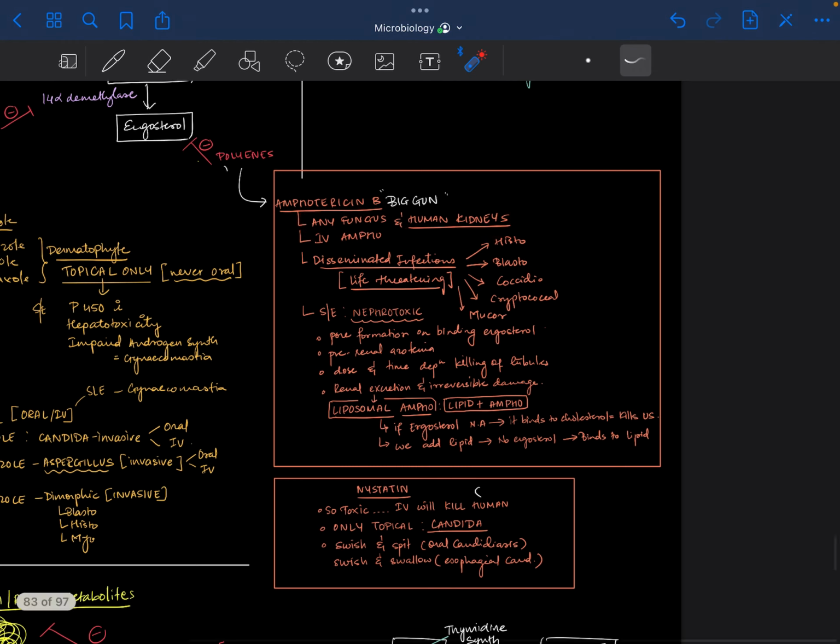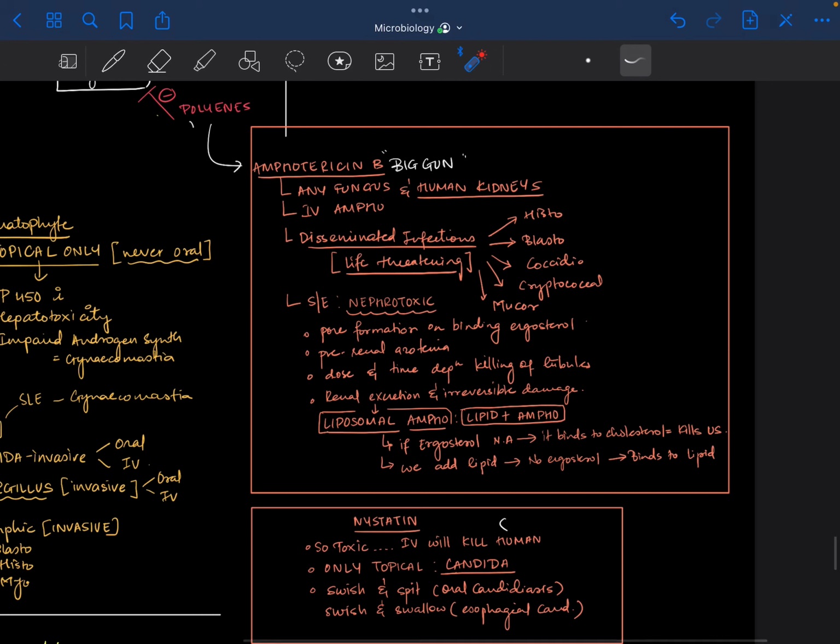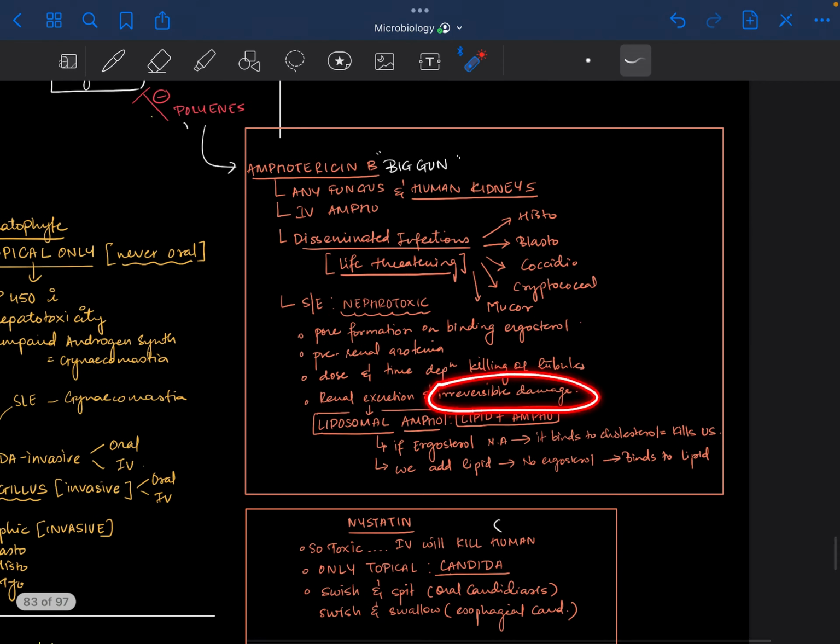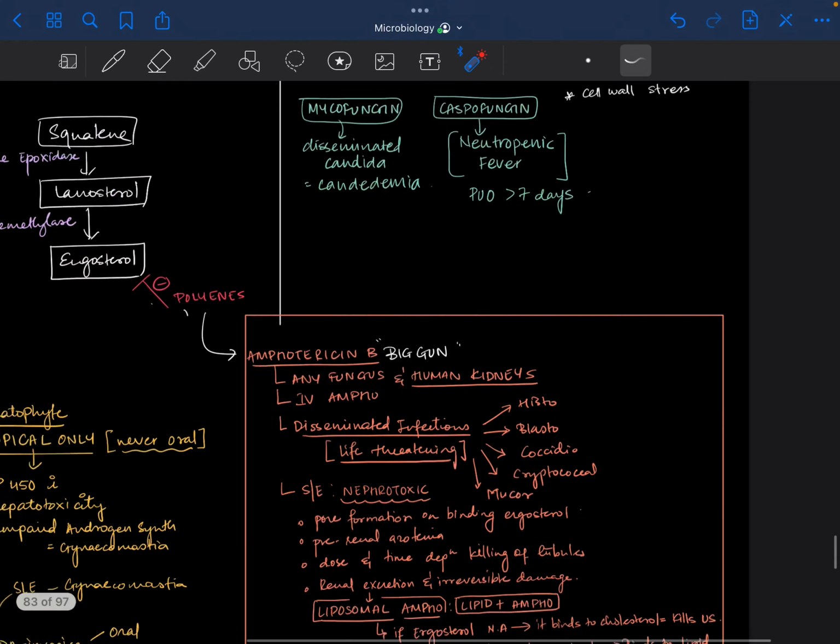It is the last resort that you'd want to use for the most severe cases. It is nephrotoxic, dose and time dependent because it has renal excretion. It also will cause irreversible damage. So what you do is attach the amphotericin B to another lipid so that instead of binding to the cholesterol, it binds to the lipid that we added.